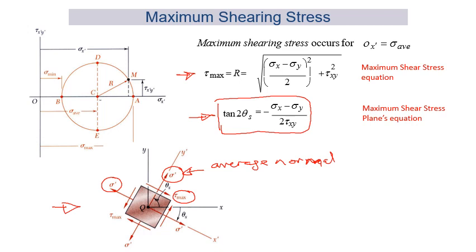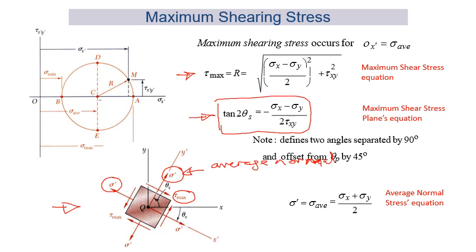When you have maximum shear stress, you have average normal stress. When you have maximum normal stress, or principal stresses, you do not have any shear stress on the plane, right? That's the average normal stress.